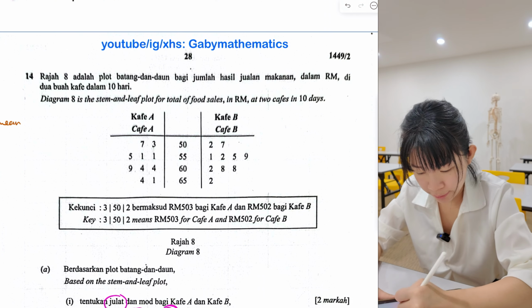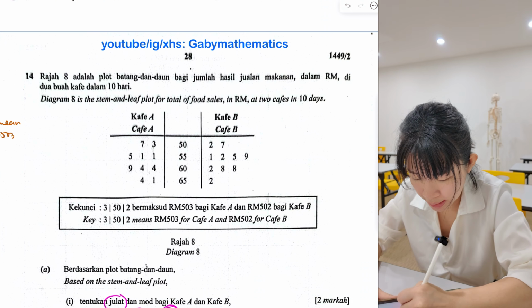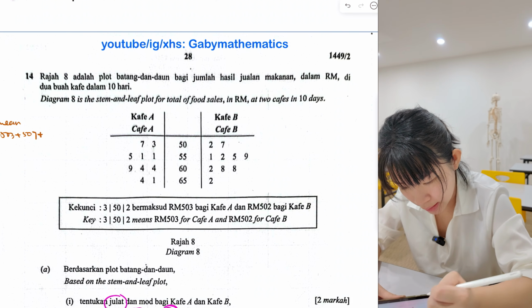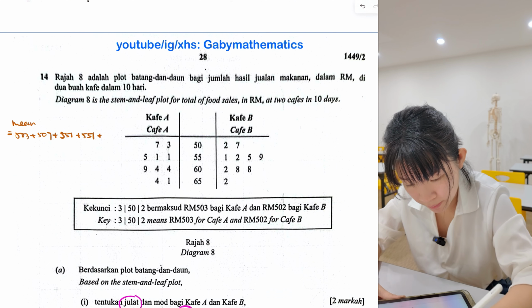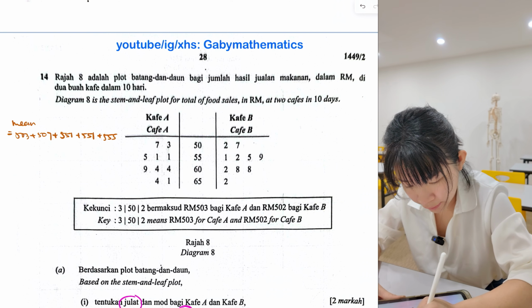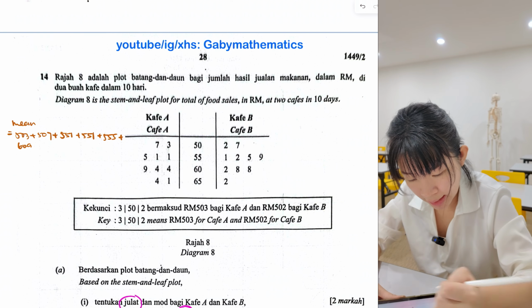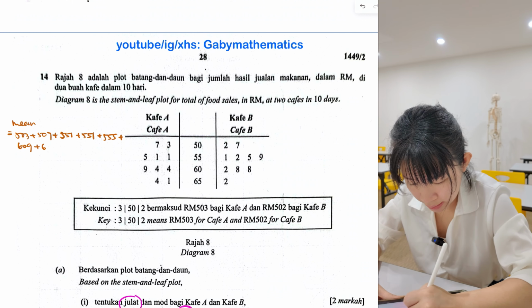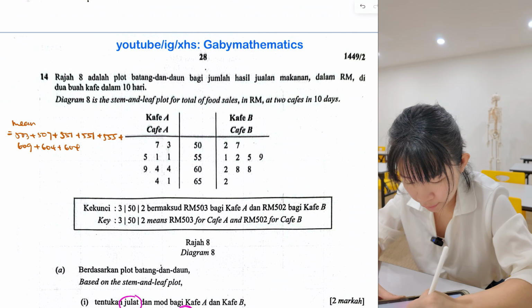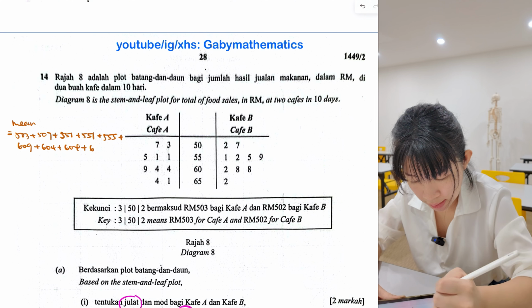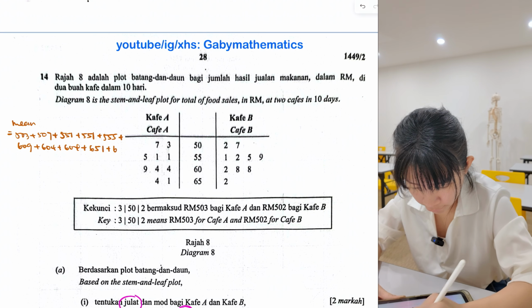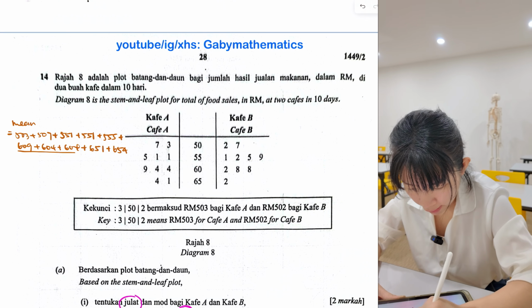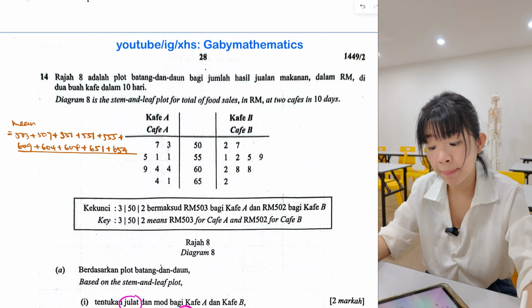503, 507, 551, 551, 555, 609, 604, 604, 651, 654. Divide by the number of data.